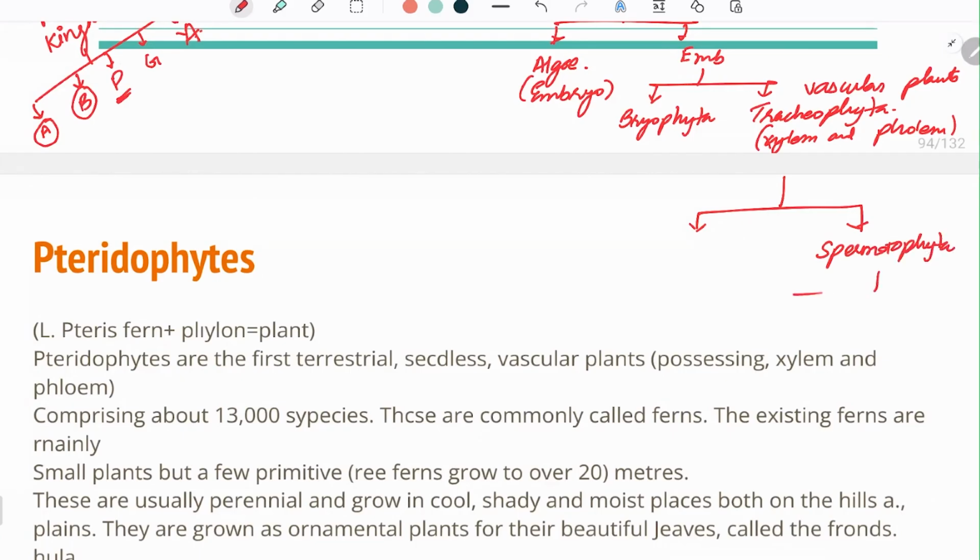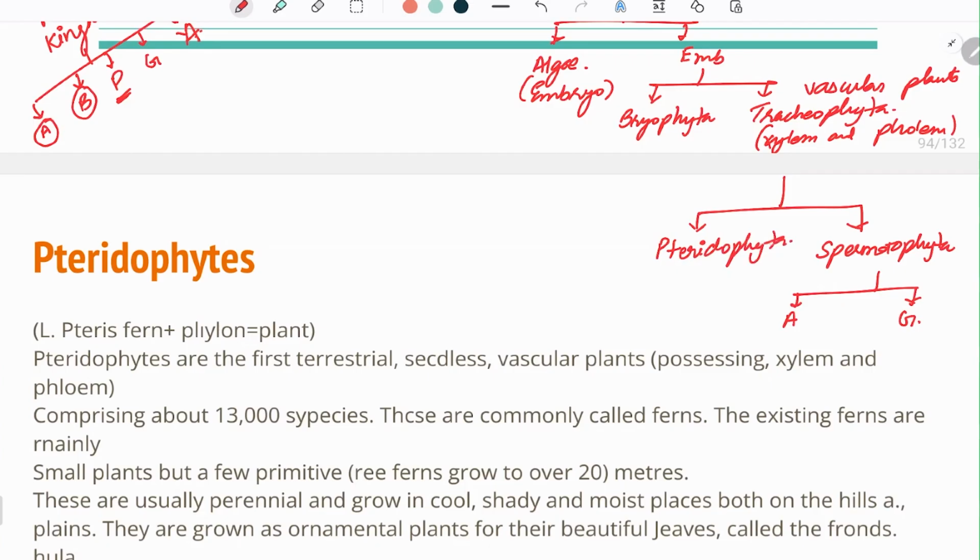Under spermatophyta, angiosperm and gymnosperm come because in these two the seed is present. In gymnosperm, the seed is naked, whereas in angiosperm, the seed is covered with a fruit.